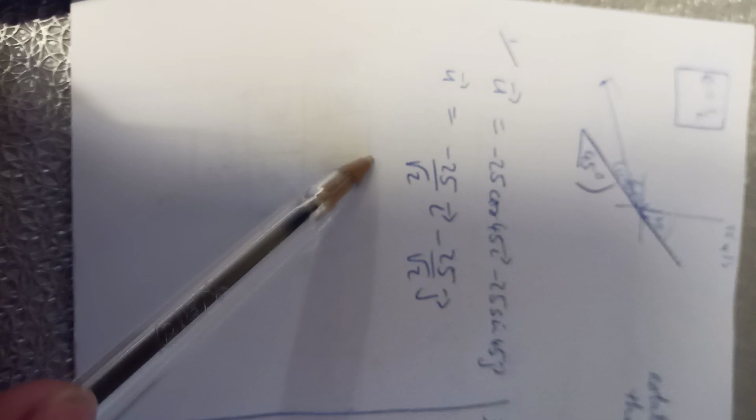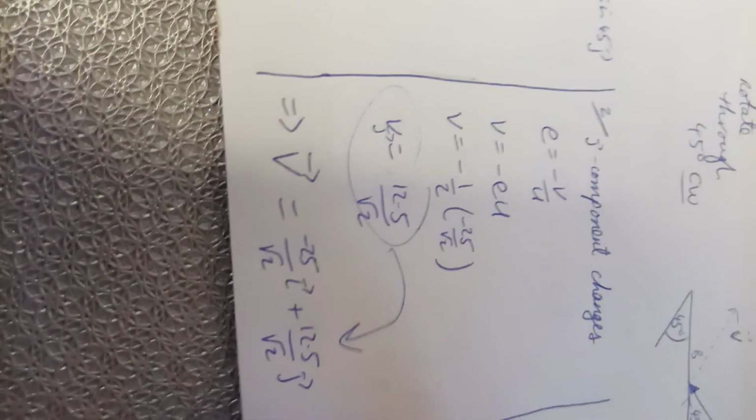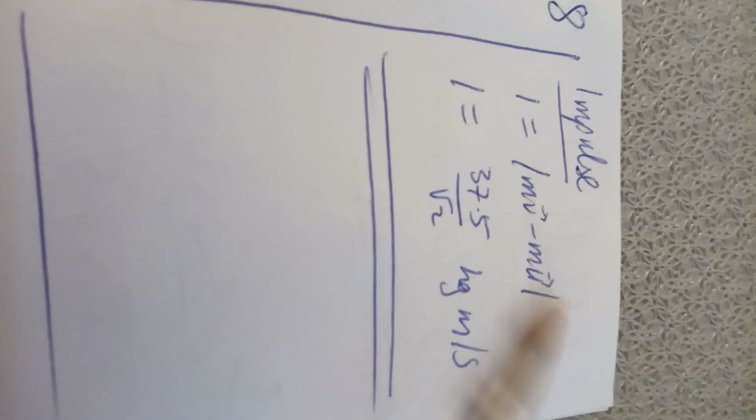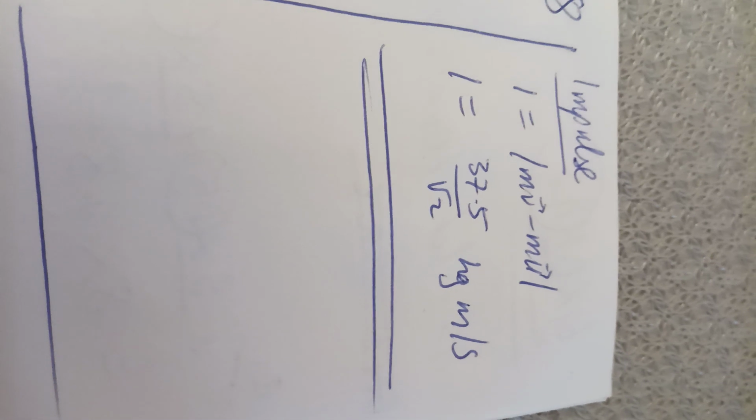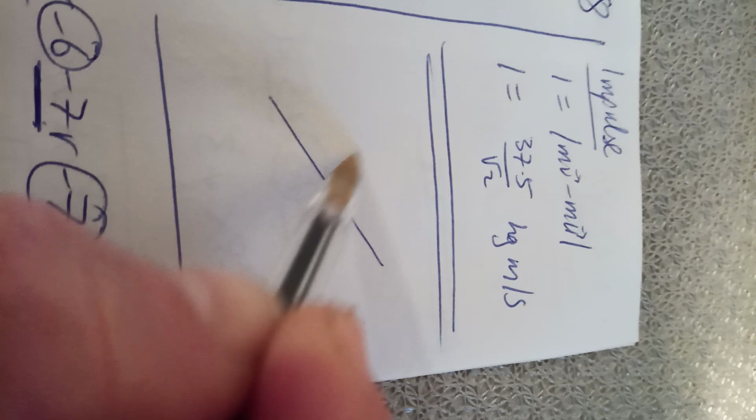Okay, the final thing then is the impulse. We have the velocity before, we have the velocity afterwards. So if we use mv minus mu, we end up with 37.5 over root 2 kilogram meters per second. Just be aware that the impulse is perpendicular to the plane.